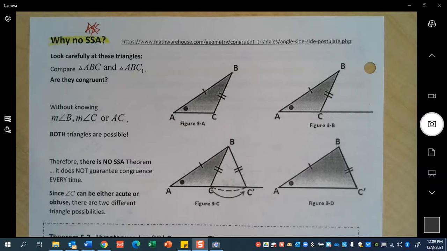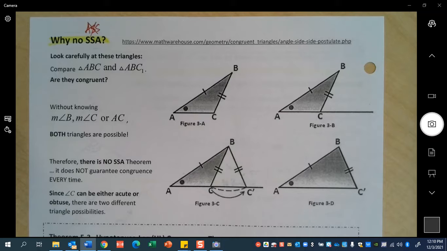I want you to look carefully at these triangles. And I want you to see this first set of triangles. I have angle A is congruent to angle A. AB is congruent to this AB, and this BC is congruent. So one might say that those triangles are congruent.